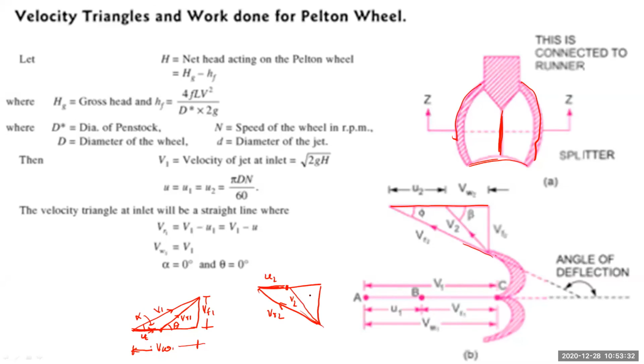Always remember, with V1 you have alpha, with V2 you have beta, with VR1 you have theta, and with VR2 you have phi. Theta, phi, alpha, beta. Now this will be the horizontal component of V2, that is VW2, and this is the vertical component, VF2, also called the flow component.